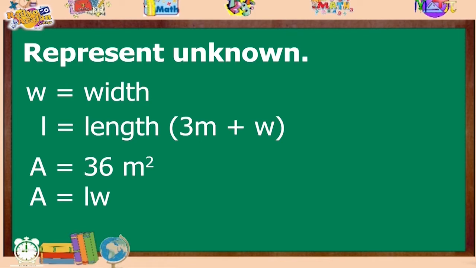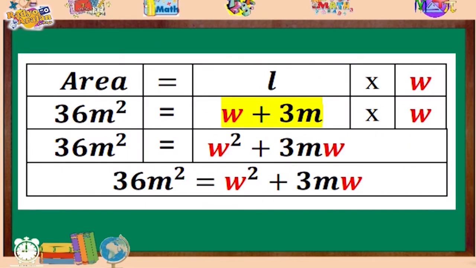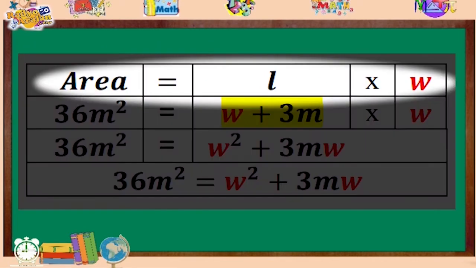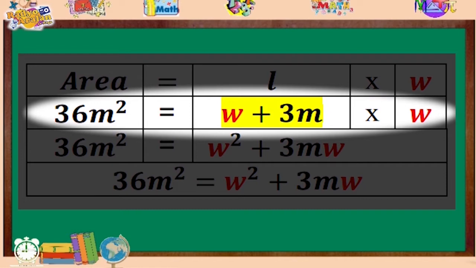For you to understand better, kindly look at the table on page 2 of your module. It says that the area is equal to the length times width. We will use this formula to obtain the quadratic inequality of the given problem. By substitution, we have area is 36 square meters, which is equal to the length W plus 3 meters times the width.